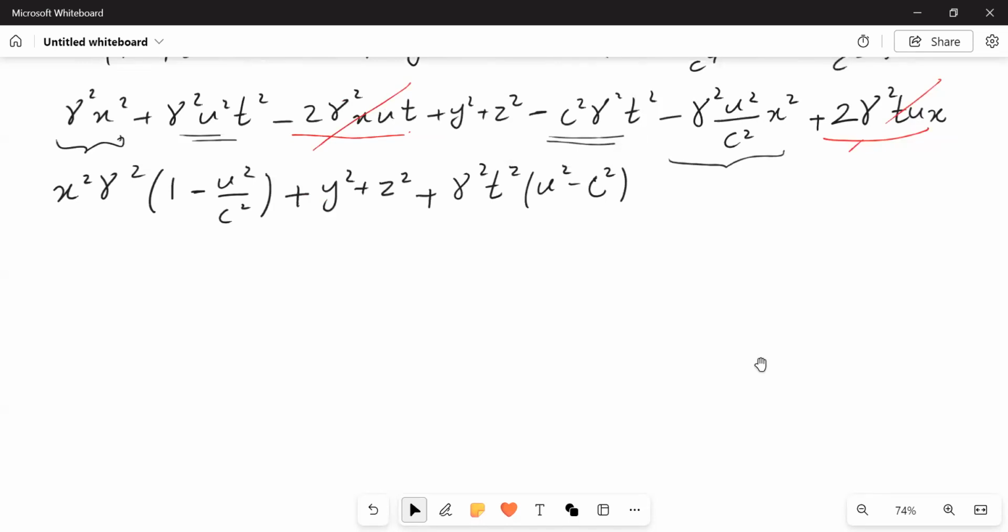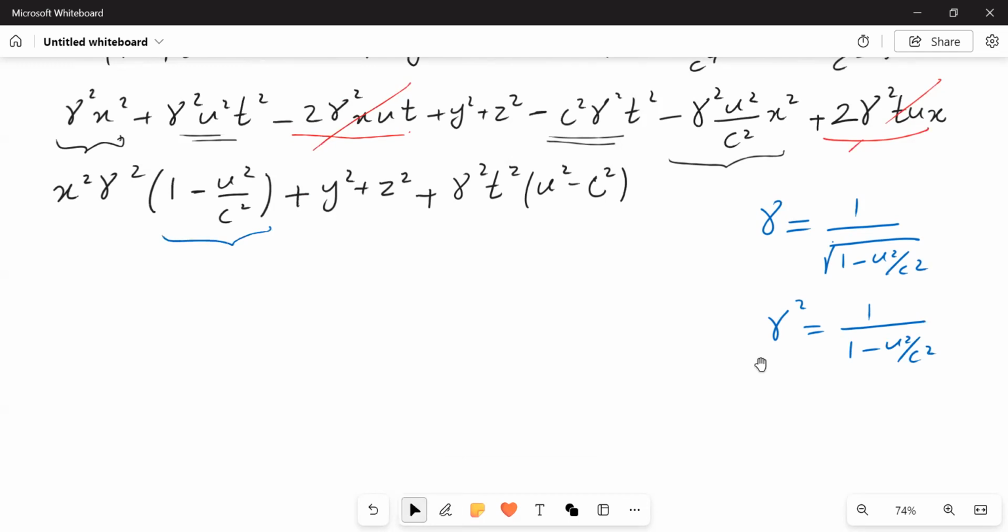Now, if you recall what gamma was, the relativity factor, it is 1 over the square root of 1 minus u squared over c squared. So gamma squared would actually be 1 divided by 1 minus u squared over c squared. So here I see 1 minus u squared over c squared. I can replace that by 1 over gamma squared.